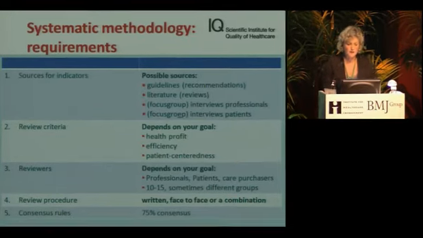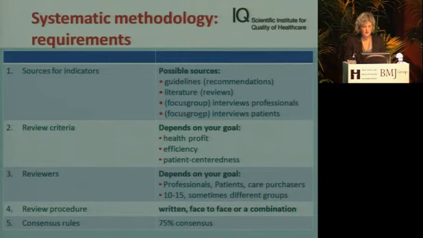For a systematic methodology, we also need some requirements. First of all, we need sources for indicators. Possible sources are evidence-based guidelines or literature. And when there's not so much evidence, you can interview professionals or patients to get some subjects for indicators.